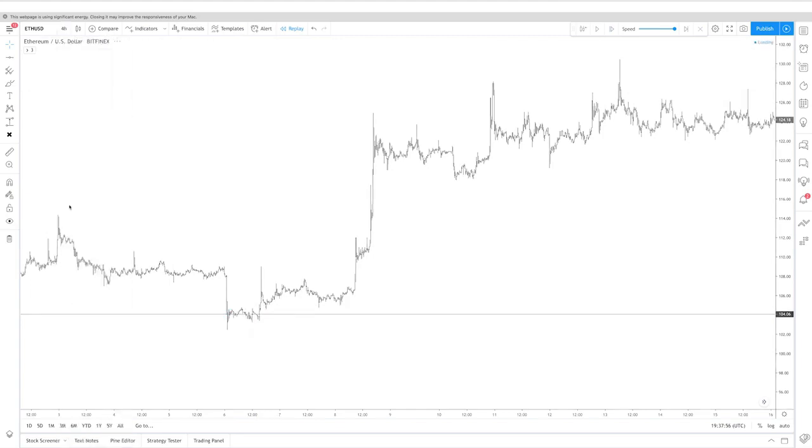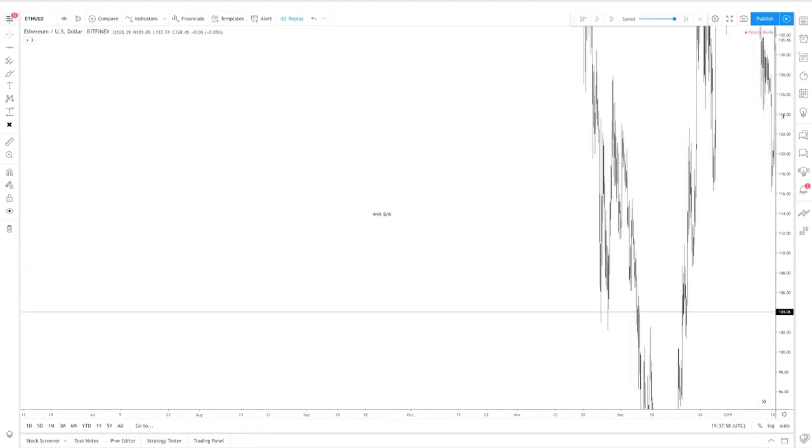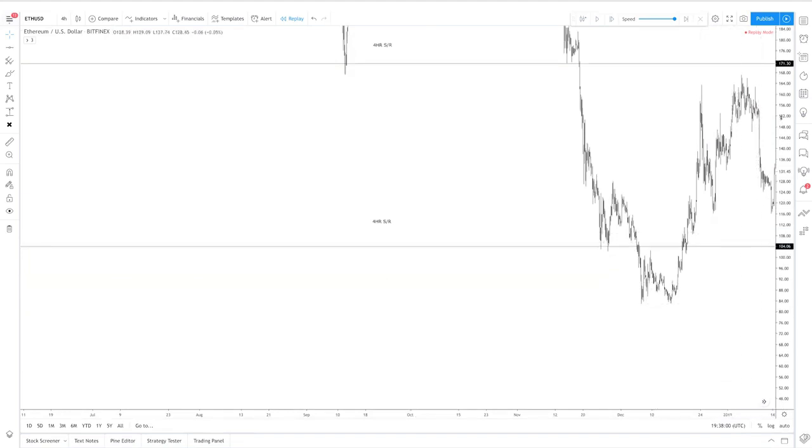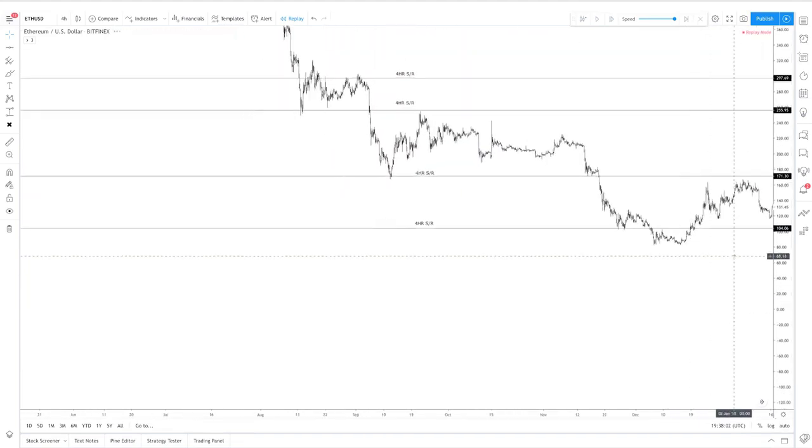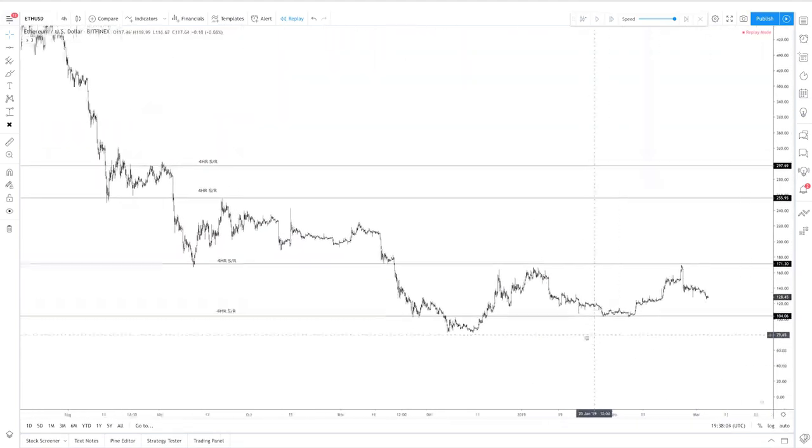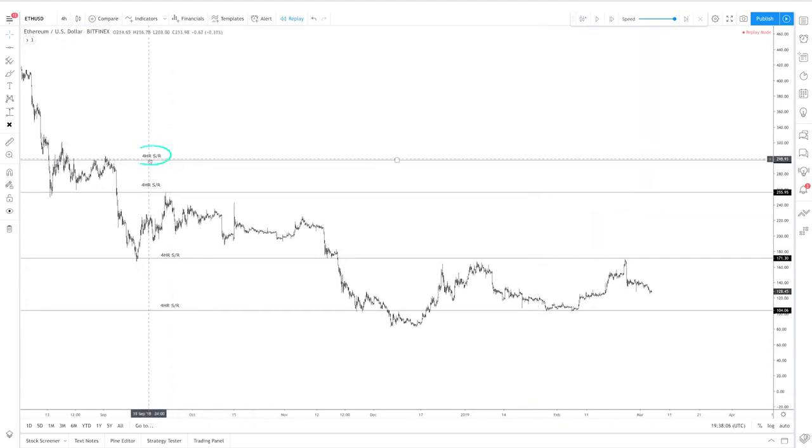So let's go back to our 4-hour. Let's close that out, and let's look at what we just witnessed. We marked out some key points on a 4-hour chart, looking at support and resistance zones around swing points, swing lows. We have established our areas of importance where we think the sellers and the buyers are.